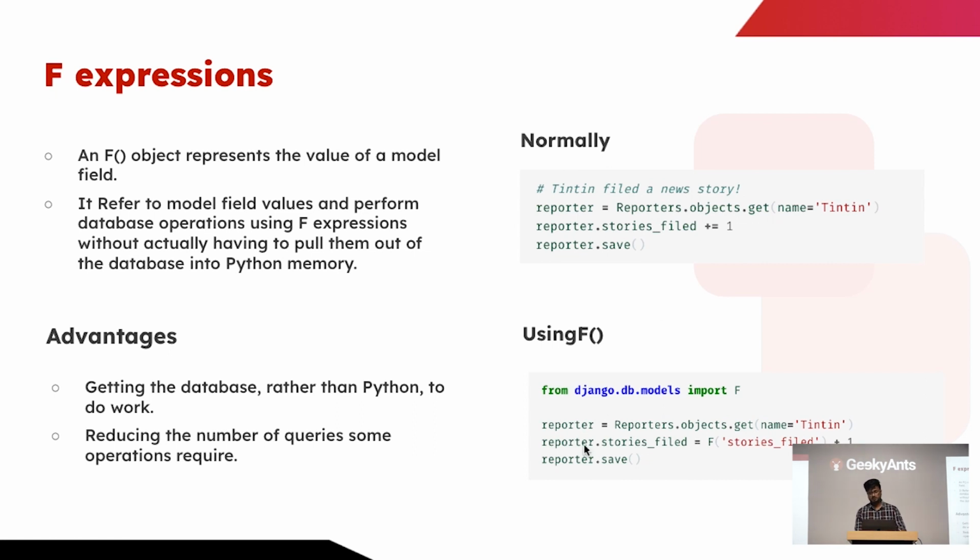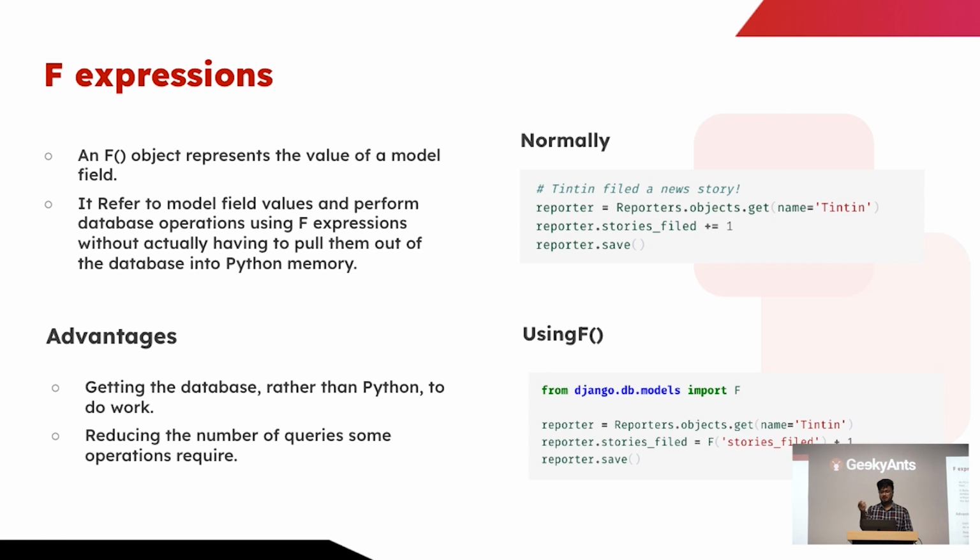So when you use F expressions, you're saying that, okay, you are having a field called stories field. Now increment it with one plus one, right? So we have to remember what query sets do, right? So query sets are evaluated only when they're asked for it. Now when we are saving, that particular query set does not have anything until this point.